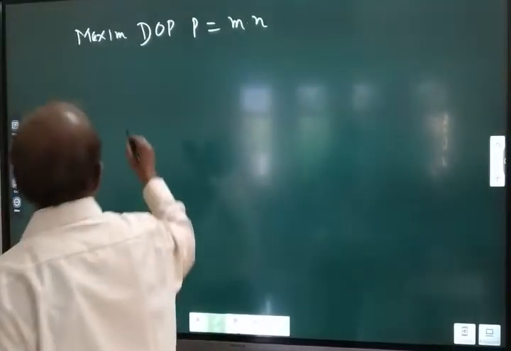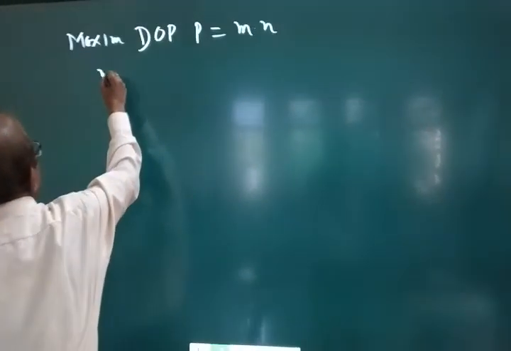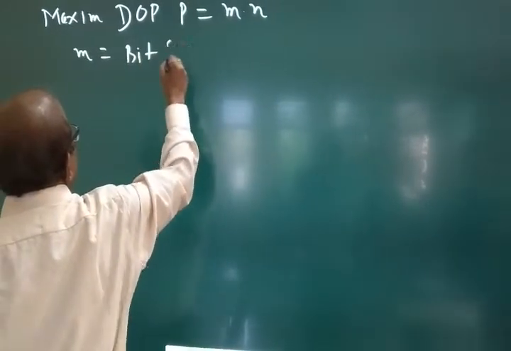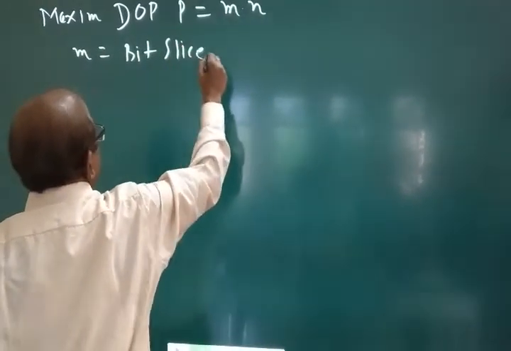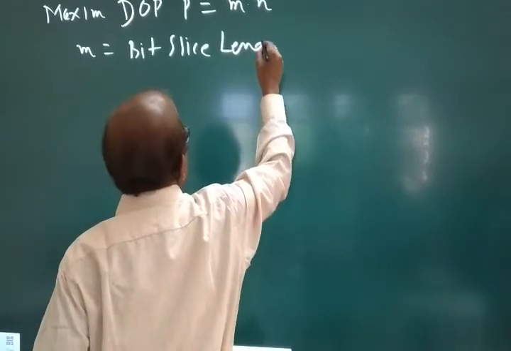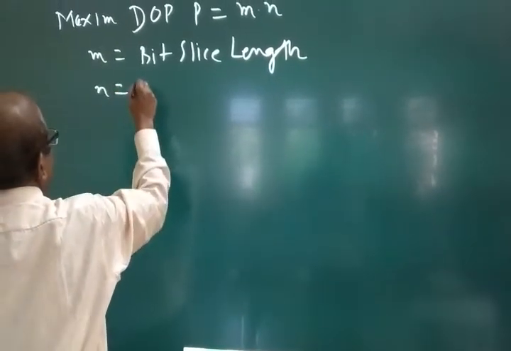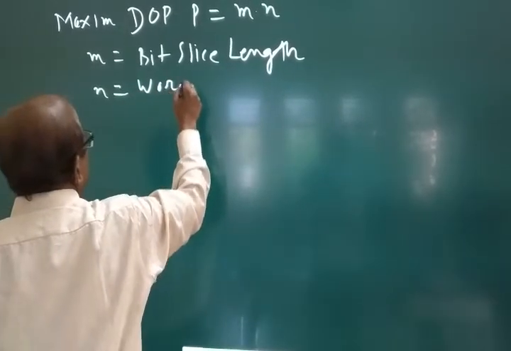M is bit slice length and N is word length.